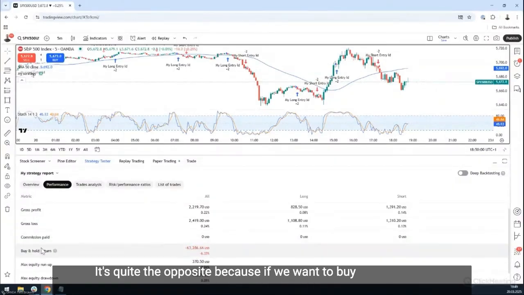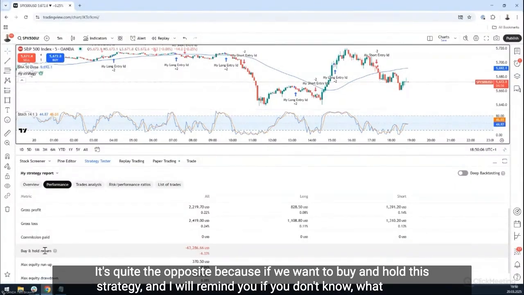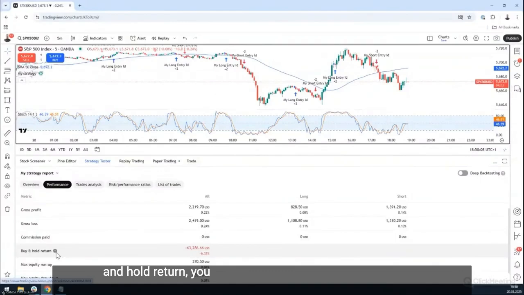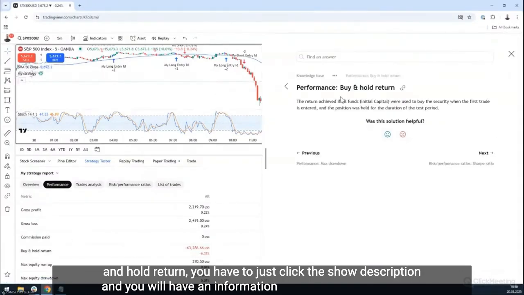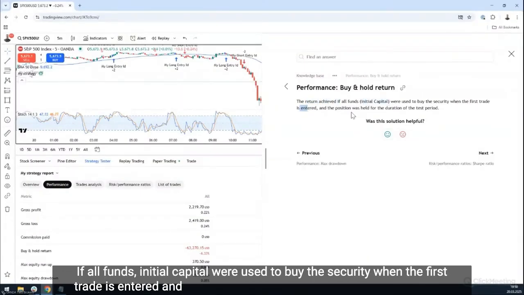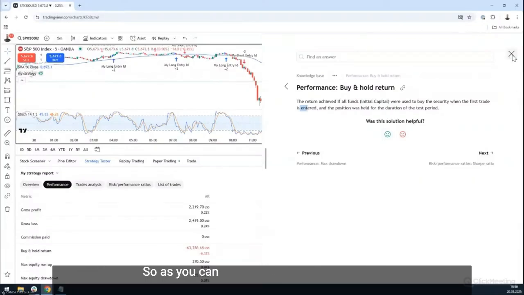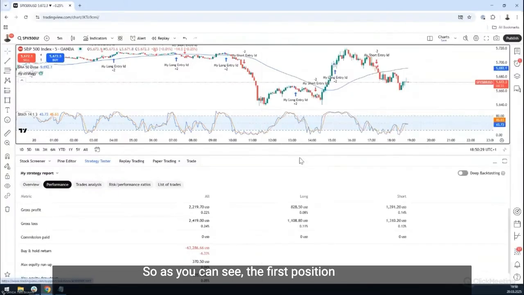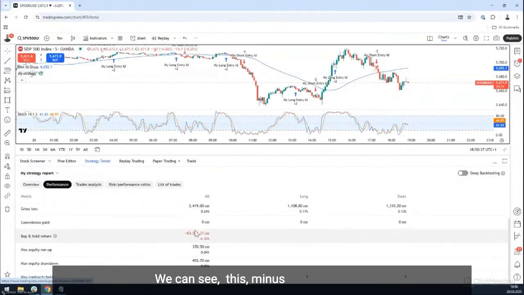And I will remind you, if you don't know what buy and hold return is, you just have to click show description and you will have information about the return achieved if all funds, the initial capital, were used to buy the security when the first trade is entered and the position was held for the duration of the test period. So as you can see, the first position was not quite on our side, and that is why we can see this minus in our account.